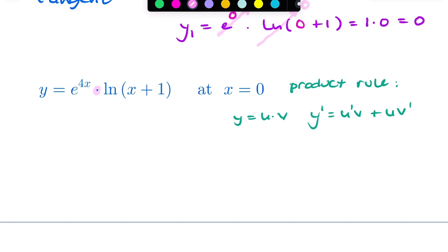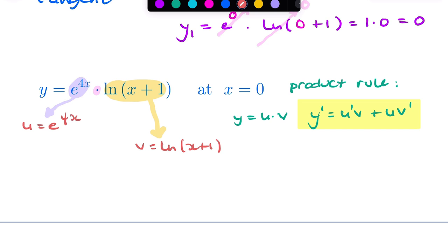Keep that there. It doesn't matter which term you choose as u or v, but I'll choose the first term to be my u and the second term to be my v. So u equals e to the 4x and v equals ln(x plus 1).